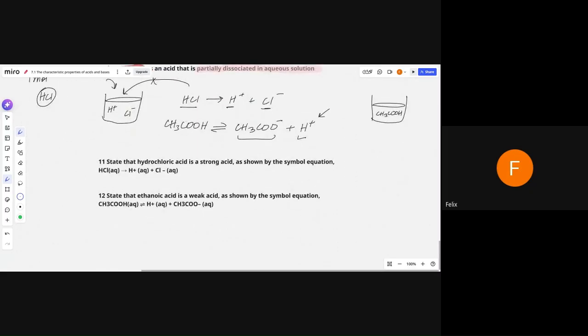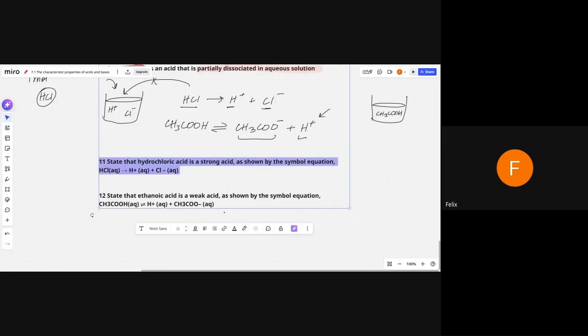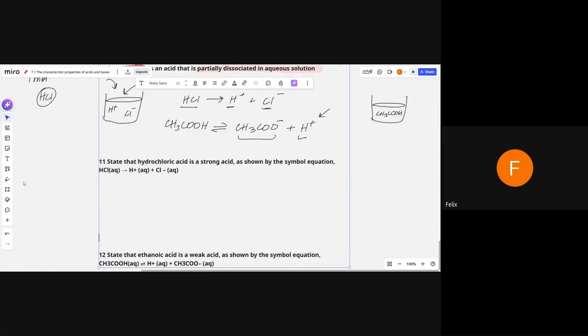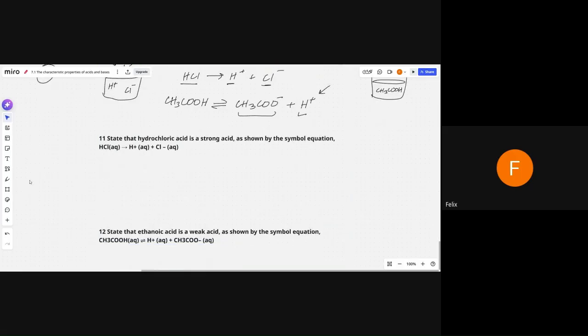Now, the second last topic is topic number 11, which states that hydrochloric acid is a strong acid as shown by the symbol equation. We have already talked about this. And state that ethanoic acid is a weak acid, and this is the symbol that we must represent this equation with, because this is a partial dissociation, and it achieves equilibrium.